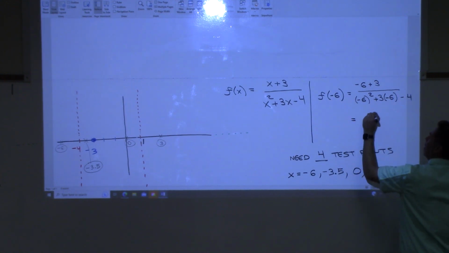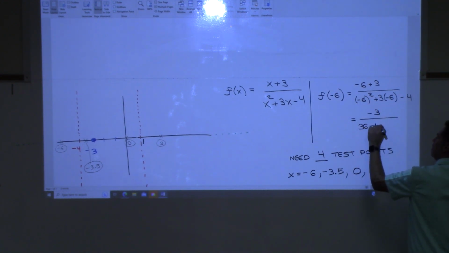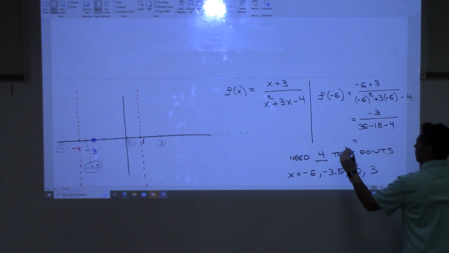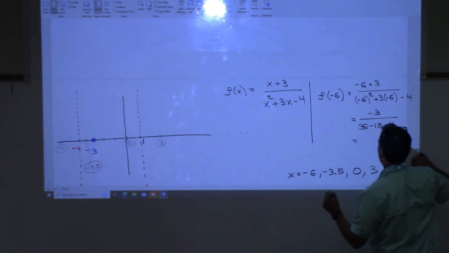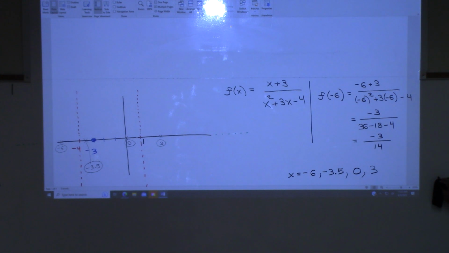On the top, I get -3, and on the bottom, let me see, -6 squared is 36. I take away 18, and I take away 4. Almost there. -3 on top, 14 on the bottom. Follow or no? Yes?